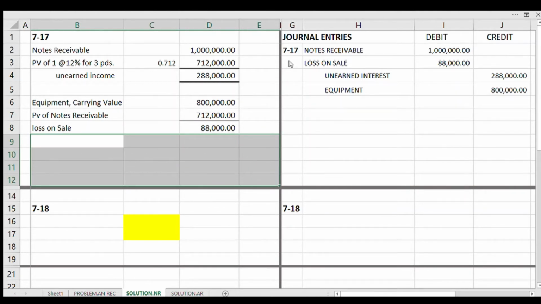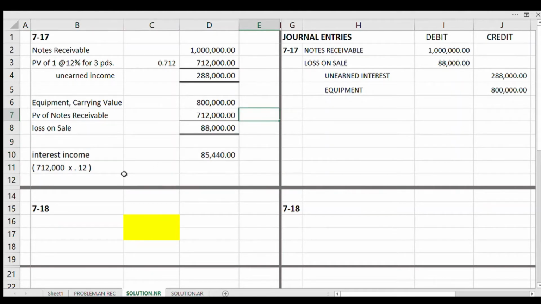Let us see the computation. So the interest income is going to be the carrying amount, the present value of the note, multiplied by its effective rate of interest for the first year, and it resulted to 85,440.